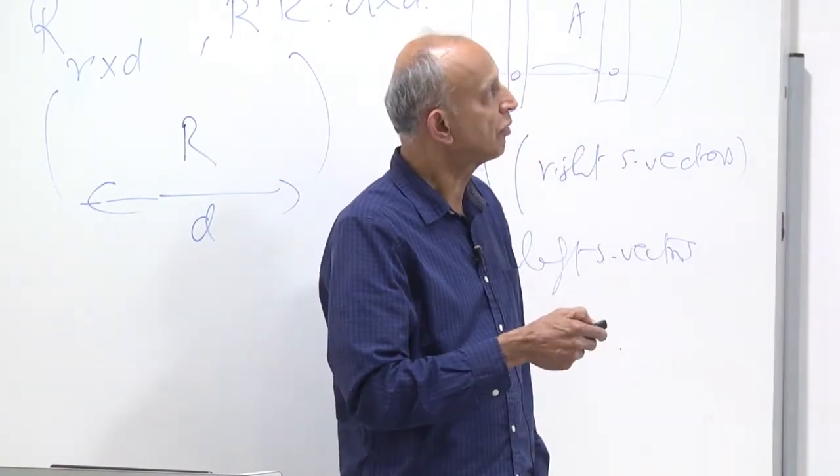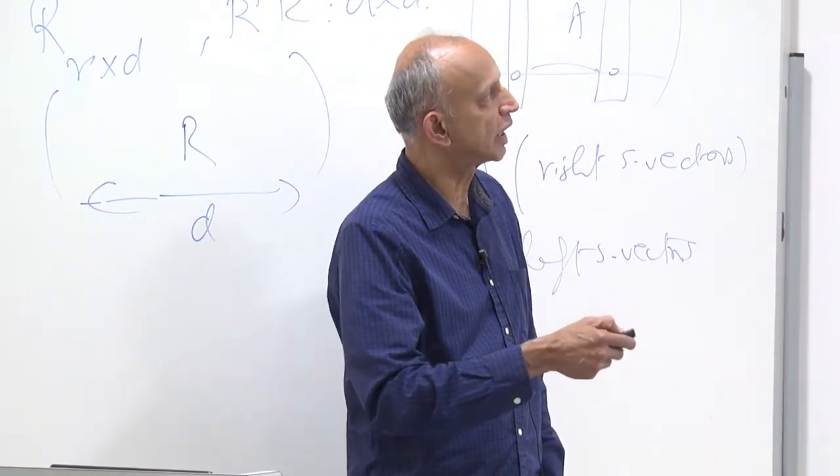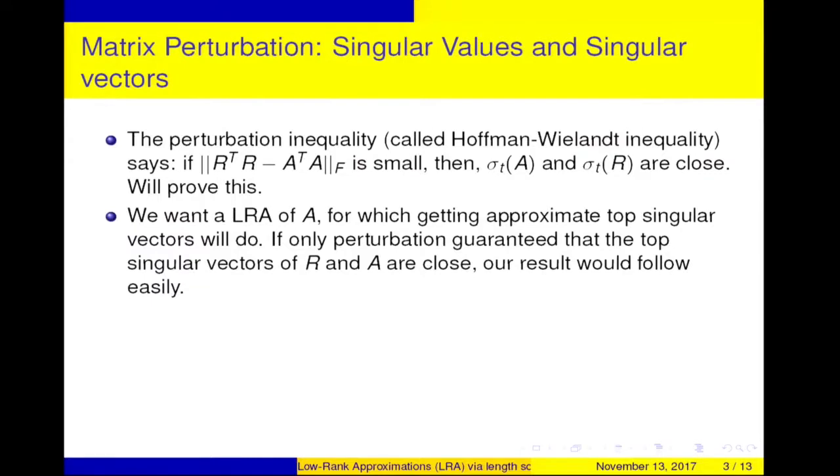Now, if my inequality here, Hoffman-Wielandt or any other inequality, actually guaranteed that the top singular vectors of R and A are close, then A would be very simple, right? Then that would say, find the singular vectors of R, they are close to singular vectors of A, and they give me a good low rank approximation.